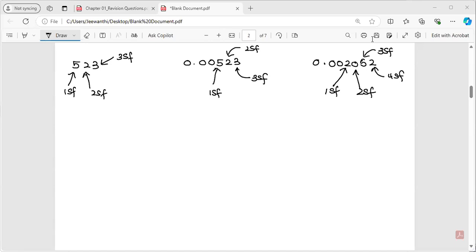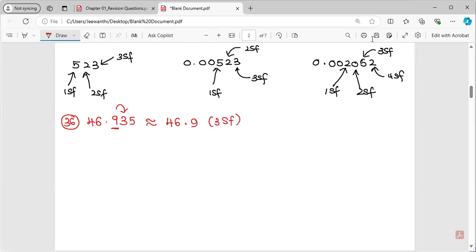So then we will move to question number 36. Question number 36, we have 46.935, and this is the third significant figure because inside the bracket you have 3, and you look at the next number, it is less than 5. If it is less than 5, we don't do anything. We just write 46.9, and here we write 3SF.